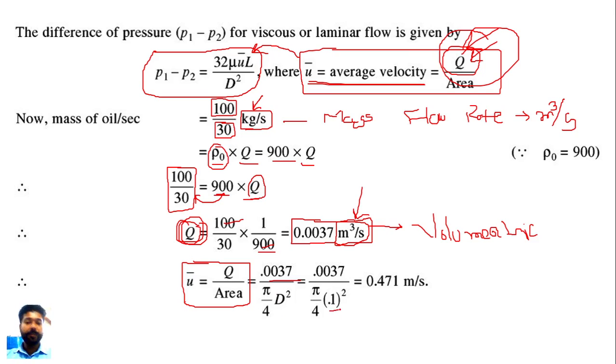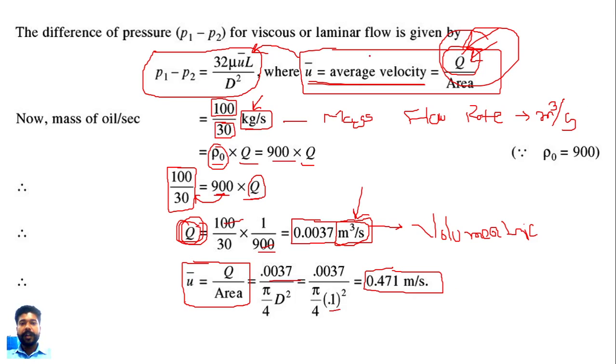If you remember, that was given in our example, and we converted that 100 mm into meter, which is 0.1. So the answer for this average velocity is 0.471 meter per second. That is your average velocity.